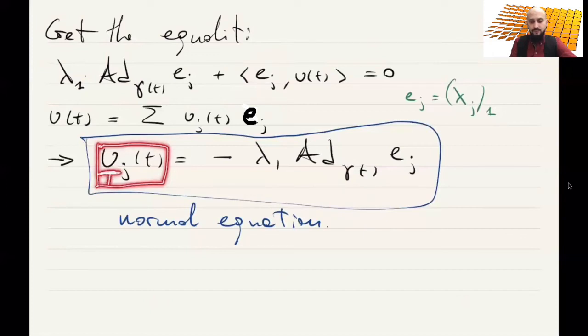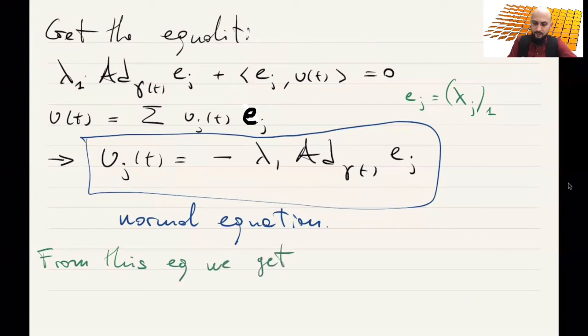But u is the derivative of gamma, so gamma continuous, let's say C0, implies u is C0, which implies that gamma is C1.